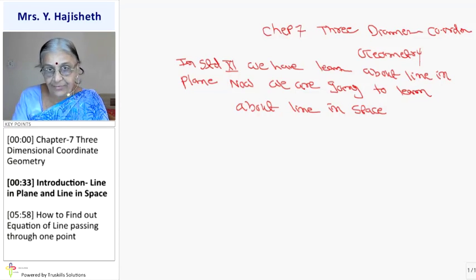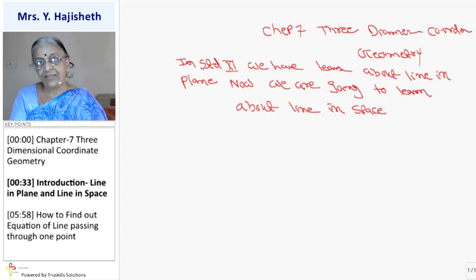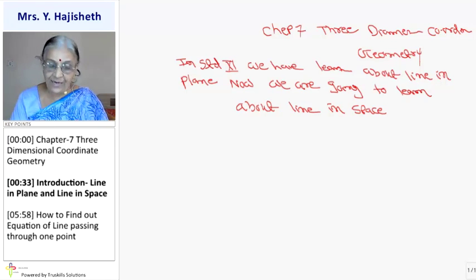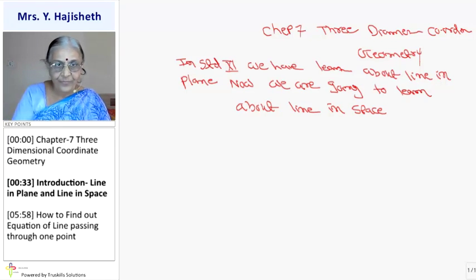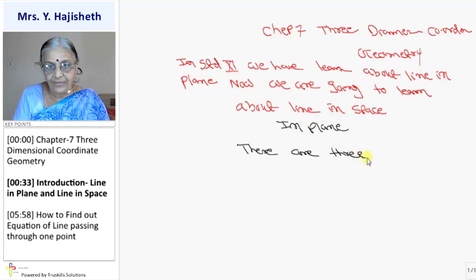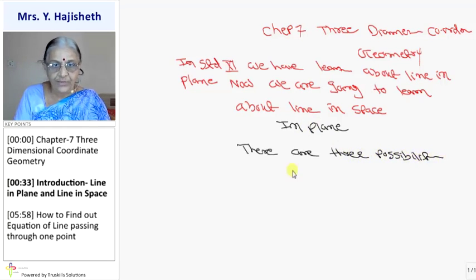Actually, in a plane there are three possibilities: two lines are given, then they are parallel, or they are coincident, or they intersect each other at only one point. What are the three possibilities?